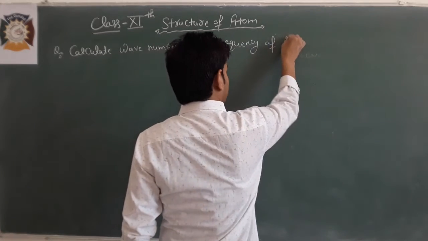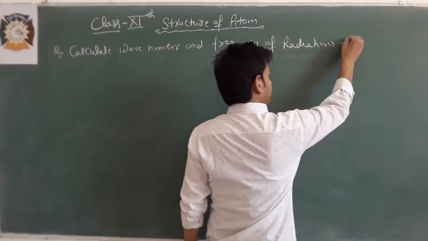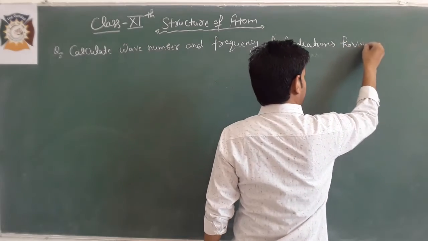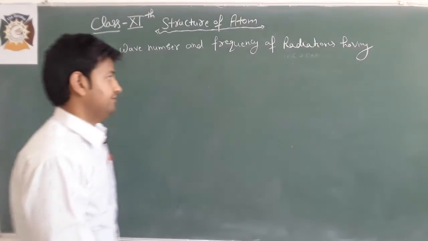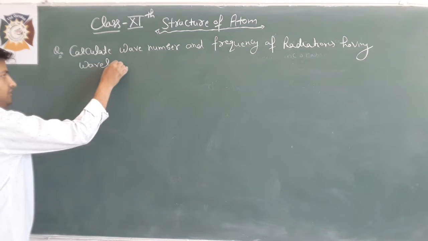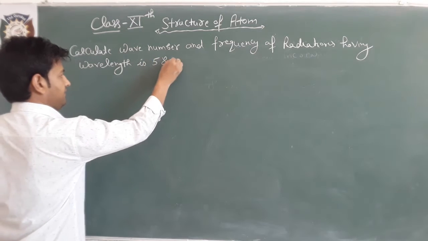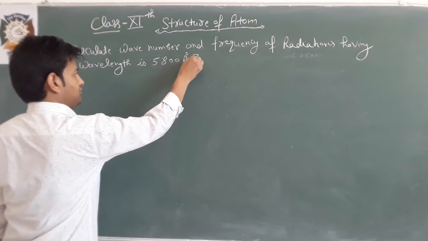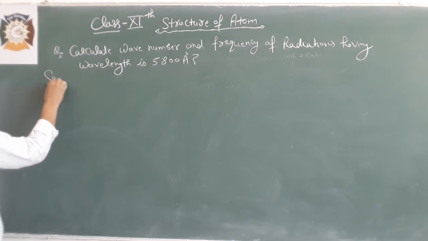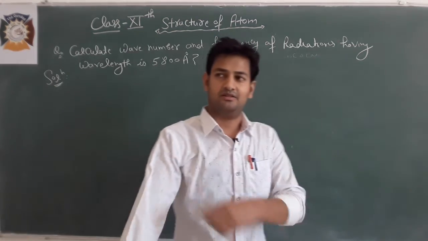Calculate wave number and frequency of radiations having wavelength 5800 angstrom. We have given the wavelength of the radiation. You have to calculate wave number and frequency of the radiation.